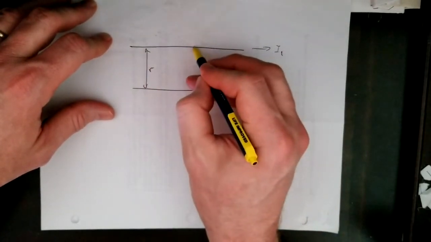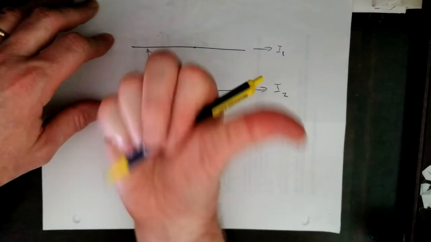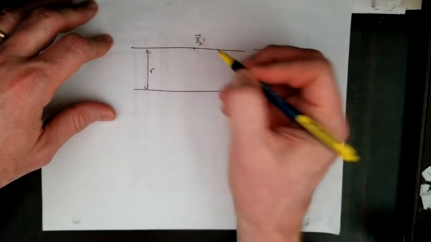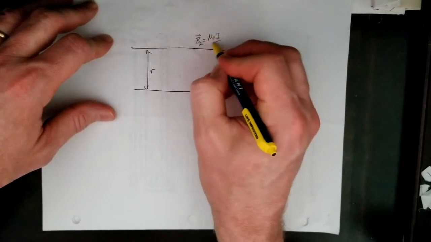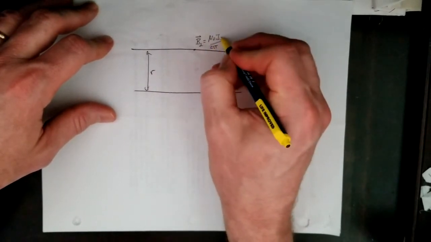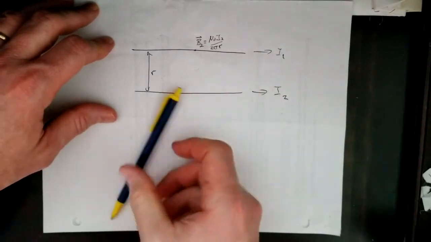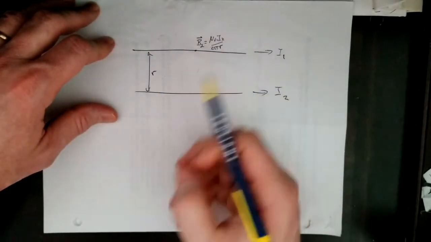Then the magnetic field at this point, from I2 that's coming up, so this is the magnetic field from 2. It's going to be mu naught I2 over 2 pi R. And this current is creating a magnetic field that is going down over here.